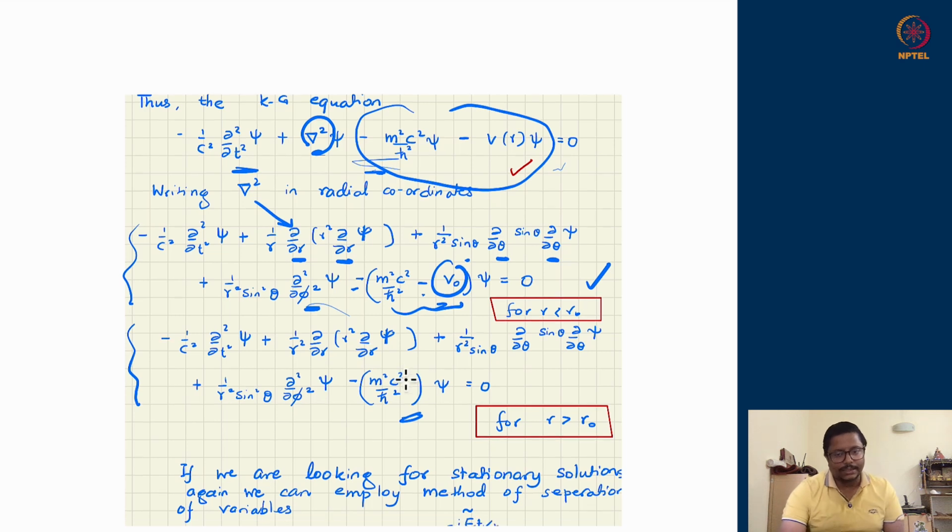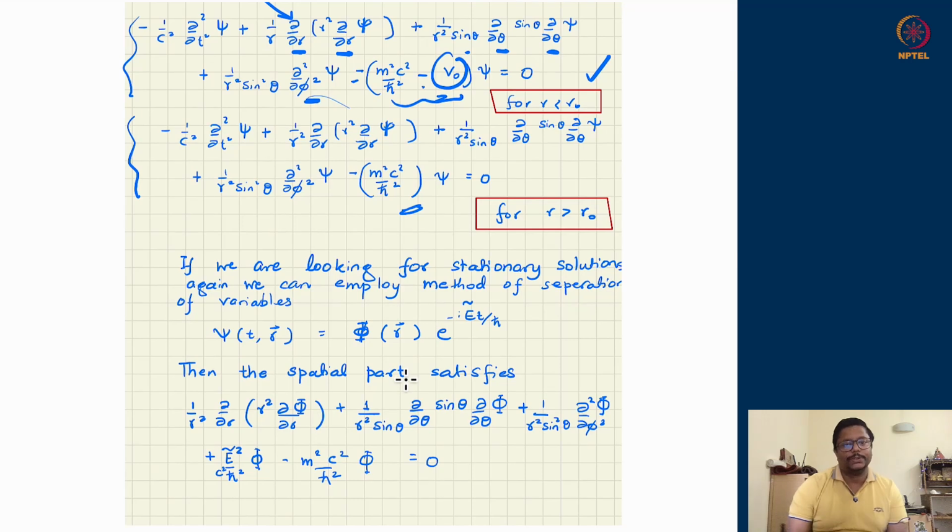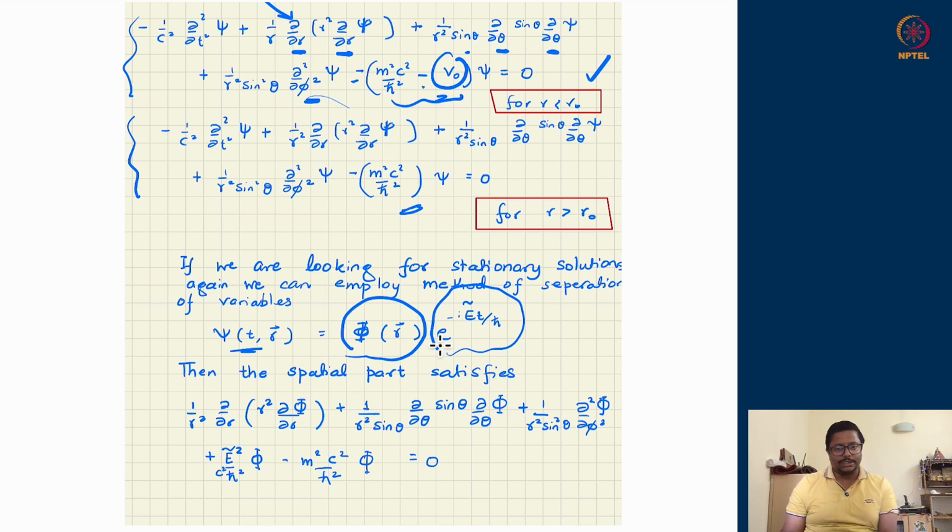So we can look for the stationary state solutions, which is some psi of r, t, dependent on spatial distribution, which we have to figure out. But for the temporal distribution, I say that it is in the stationary state, that means e to the power minus iEt upon h bar. This is an eigenstate of the del del t operator. If that is true, the temporal derivatives appearing here and here will just throw up E squares.